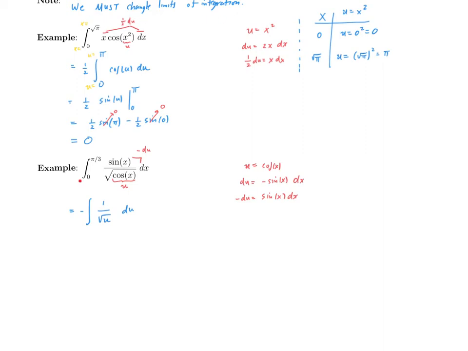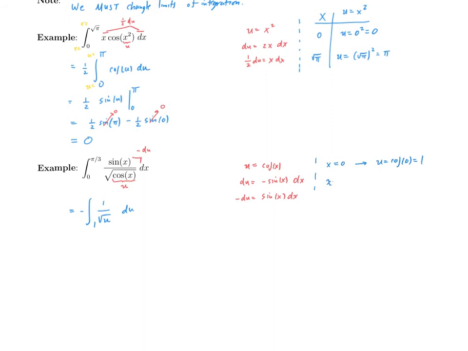So we need to take these original limits of integration that involve x and rewrite them so that they involve u. And just doing a little bit of work to the side, we can say for that lower limit of integration, when x is equal to 0, u is equal to cosine of 0, which is 1. So our new lower limit of integration is 1.